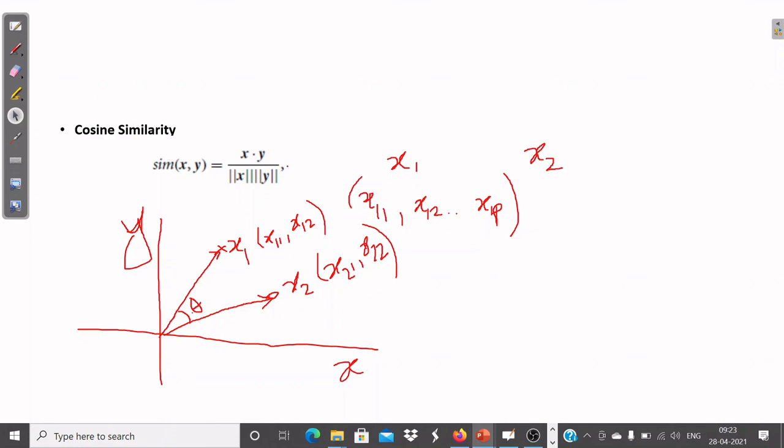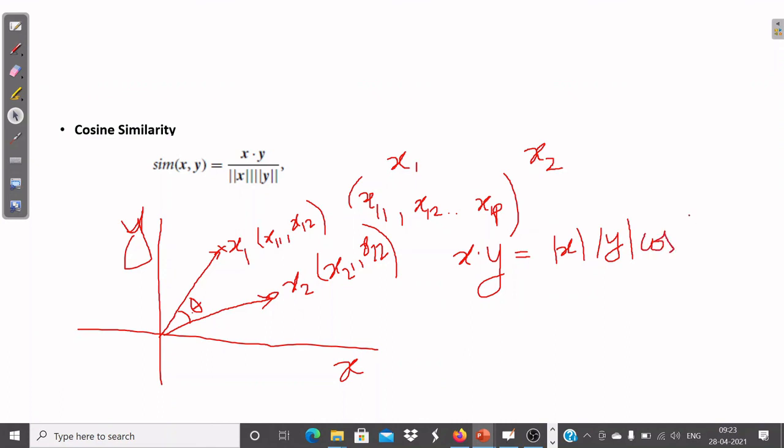Now, how do we calculate this? You can think of the dot product of two vectors, x dot y. x dot y is equal to the absolute value of x into the absolute value of y into cos theta.